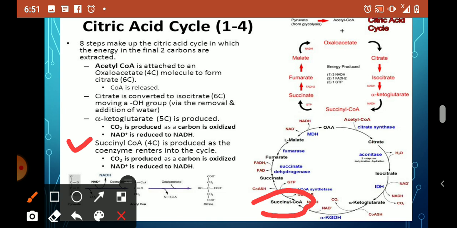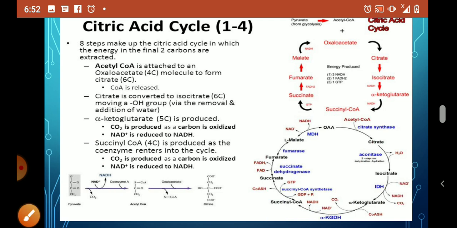In this reaction, one more carbon dioxide is removed, and NAD, nicotinamide adenine dinucleotide, is reduced to NADH. So here half of the reactions are completed.